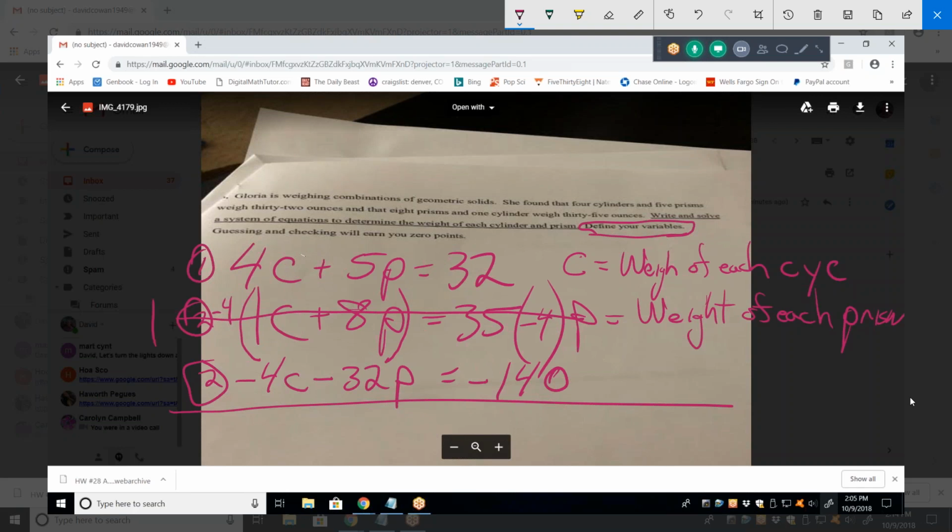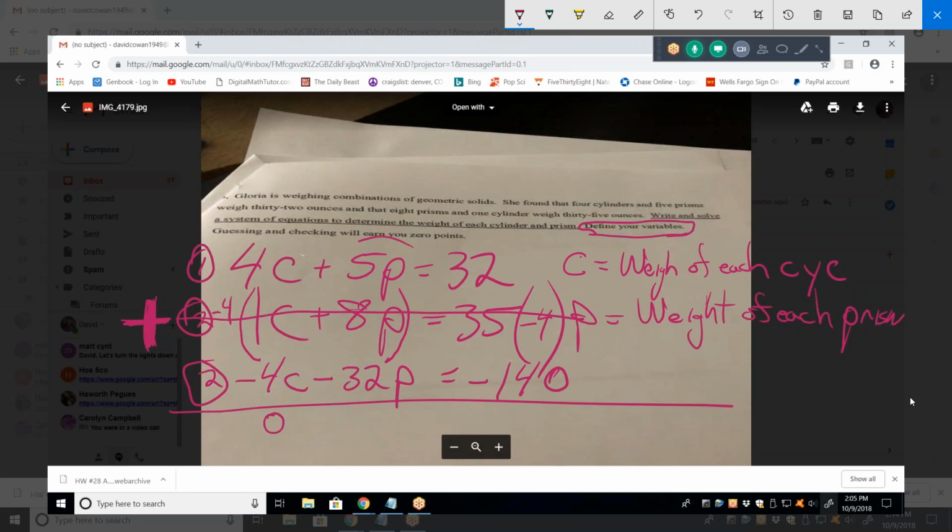You're adding the two equations. Just put a big old fat addition sign right there. Now add 4c to minus 4c. What do you get? Zero. Exactly. That eliminates the variable c.